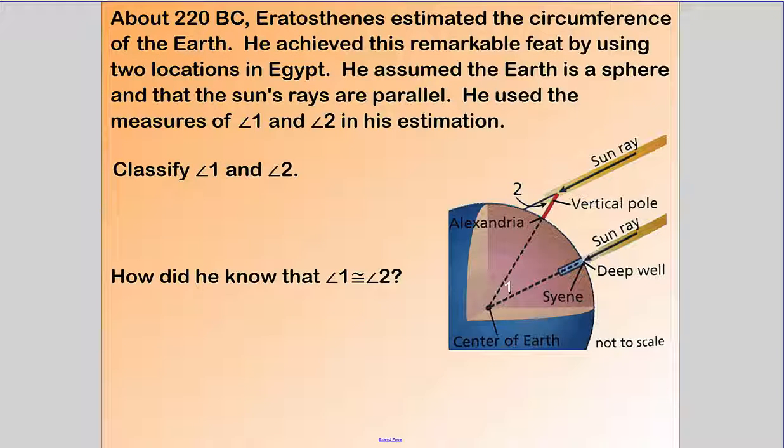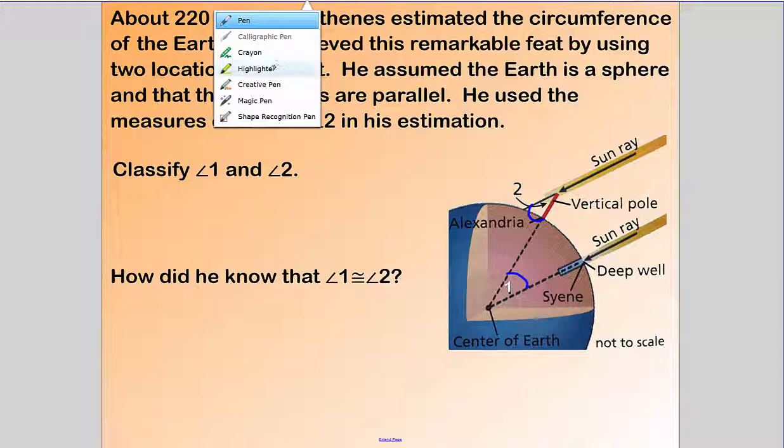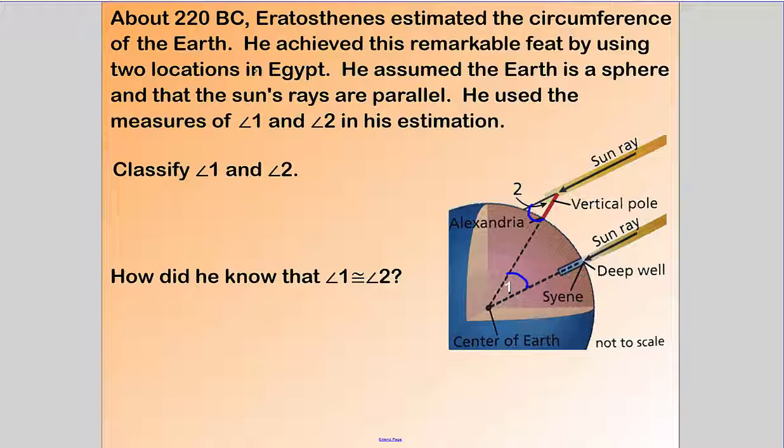In this next one, they tell us a whole bunch of information, but we know that we have to classify angle 1 and angle 2. I'm going to look at the parallel lines created by rays of the sun.